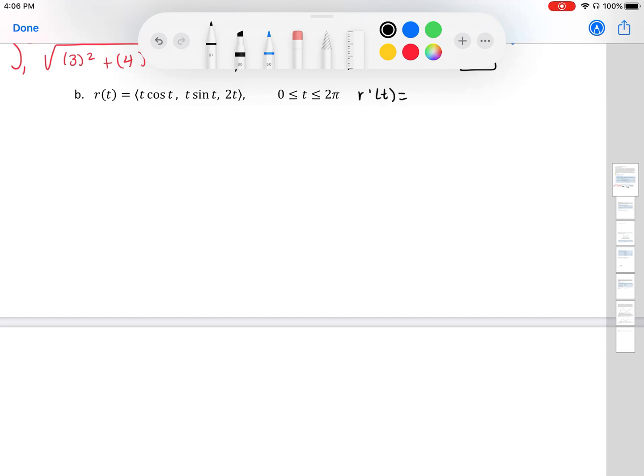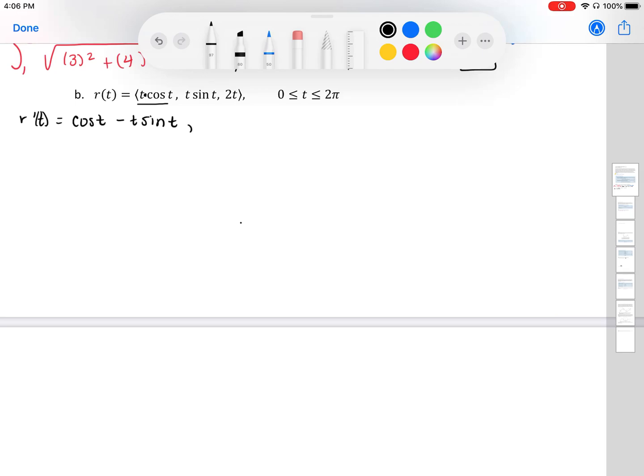As we look at our first term, we have two factors involving t, so we have to do the product rule. So r prime of t is equal to cosine of t, since the derivative of t is just 1, and then minus t sine of t. It should be a plus, but because the derivative of cosine is negative sine, we carry the negative over.